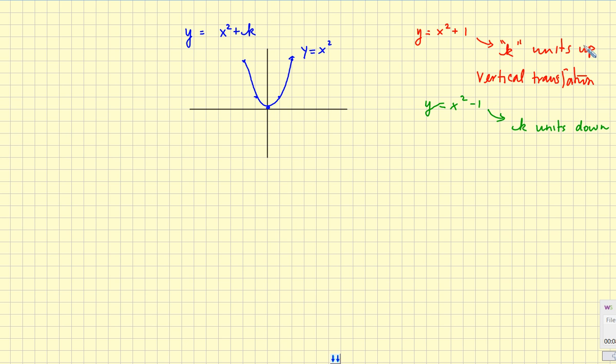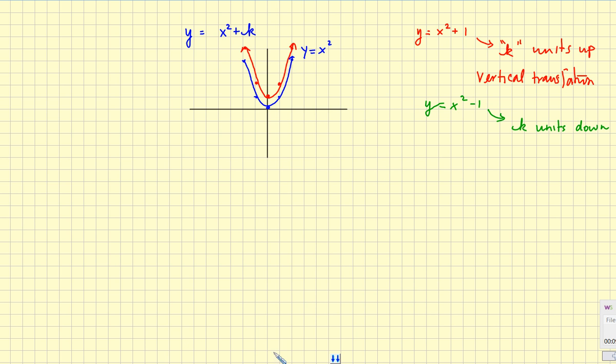Okay, of 1 unit. So let's graph this very quickly. If I do x squared plus 1, all my points on the x squared graph, the original graph, go up 1 unit. So everything would go up 1 unit, and we would have the graph as such. And that would be my x squared plus 1.